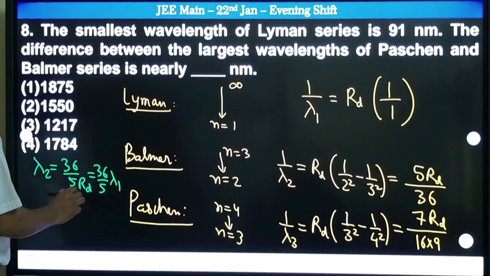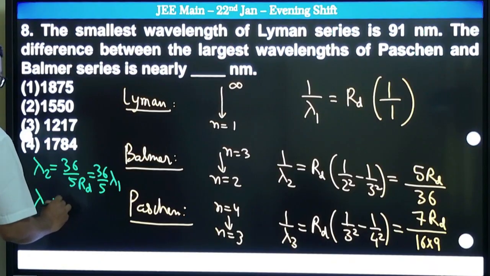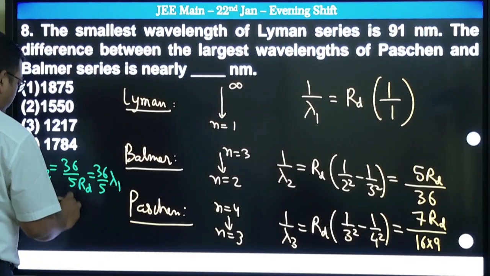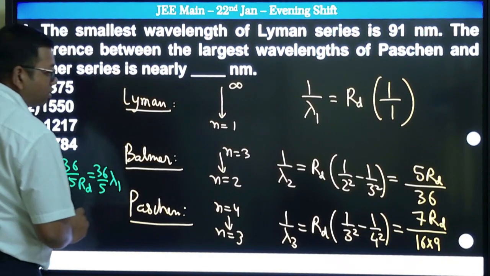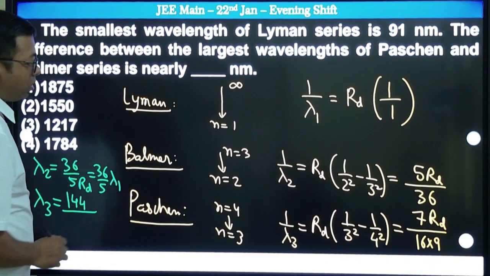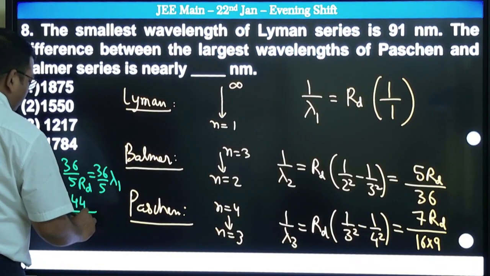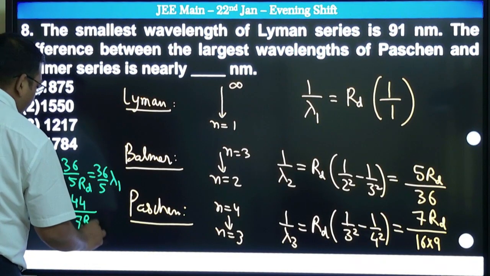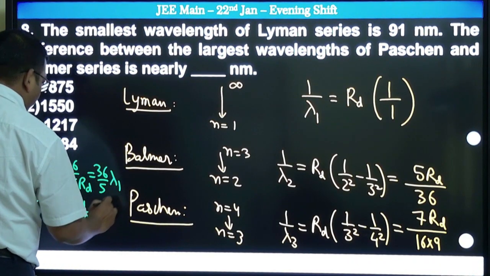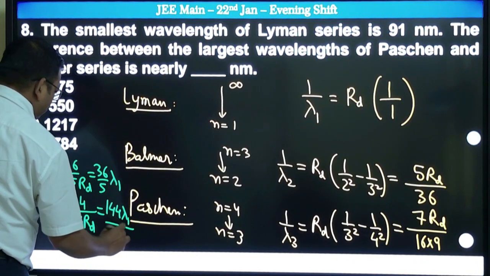Similarly, lambda 3 is 16 into 9, 144, divided by 7 Rydberg constant. Again substituting the reciprocal, lambda 3 is 144 lambda 1 divided by 7.